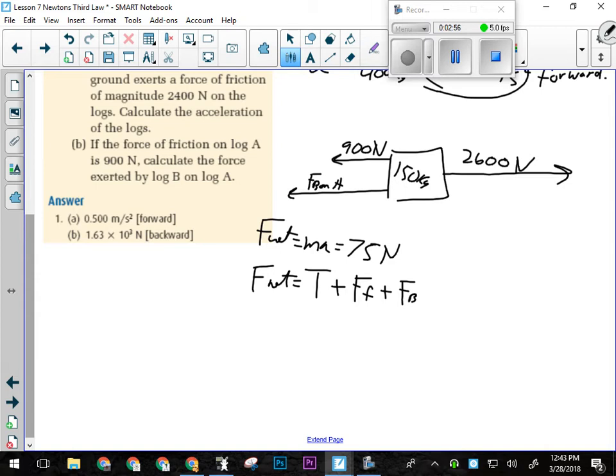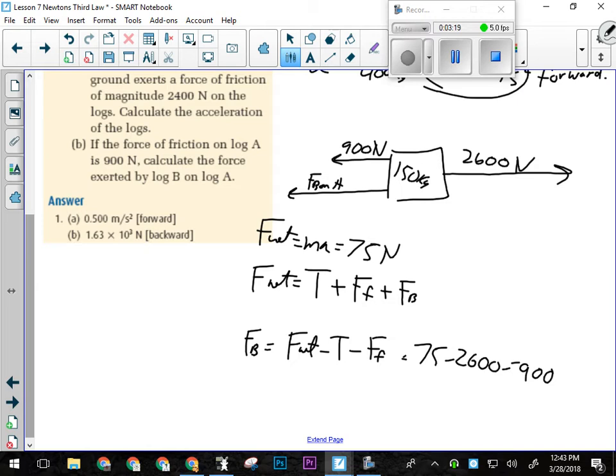I'm going to isolate that because I know the other three numbers, so the force of B on A is F net minus the tension minus the force of friction. That'll look like this: 75 newtons minus 2,600 newtons minus negative 900 newtons, because it's backwards.